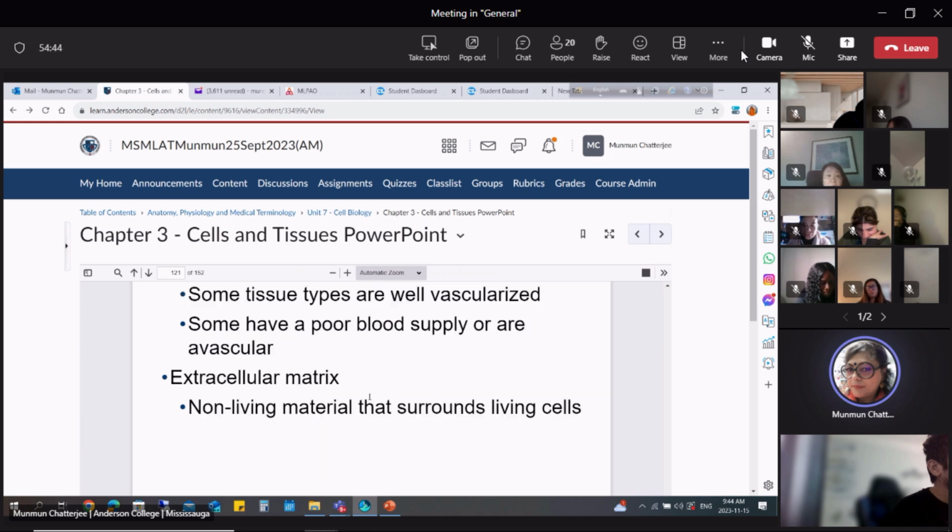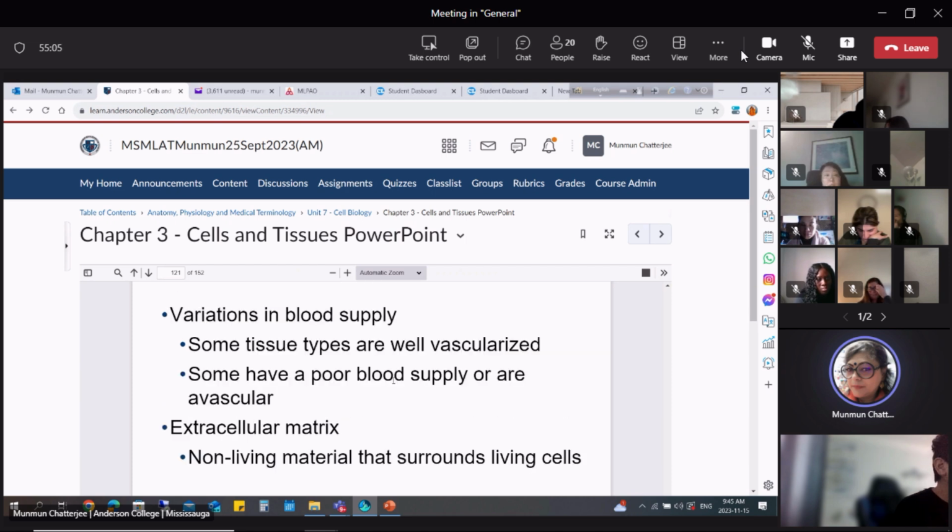Some have good blood supply. The majority of them have a good blood supply. A couple of cells have a poor blood supply or are avascular. That is the skin cells. That is the simple squamous epithelium.